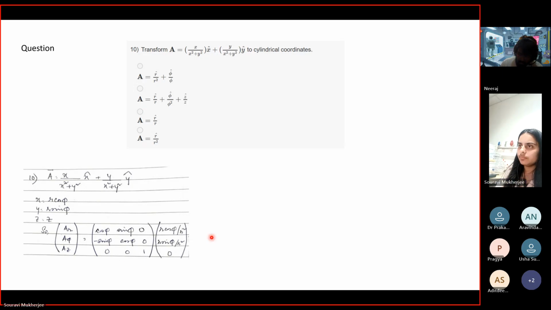Basically, r cancels here, so you have 1 by r, and then you have cos square plus sine square, which is 1. So what do you get? Do you get r square? Again, this r and this r square cancel, 1 r remains, right? Yes, okay, r will come.